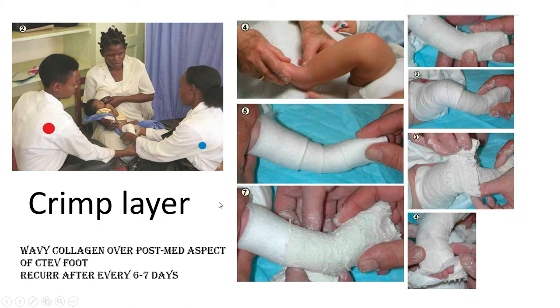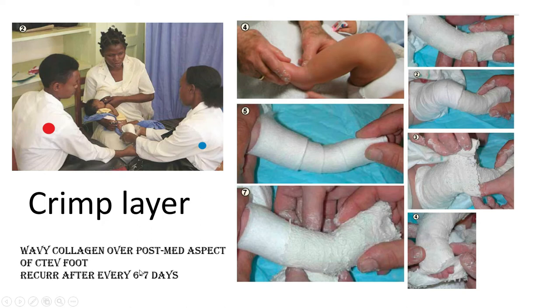And before going into details, I just want to inform you regarding the crime layer. What do we mean by crime layer? It is a wavy, abnormal collagen present over the posteromedial aspect of all CTEV children, that is very notorious, or that is the criminal for this deformity. Because if you stretch it, that wavy portion of the collagen, which is seen under the microscope, will get straightened by stretching.